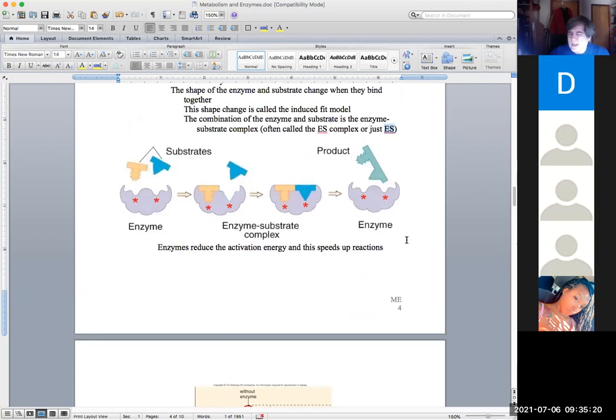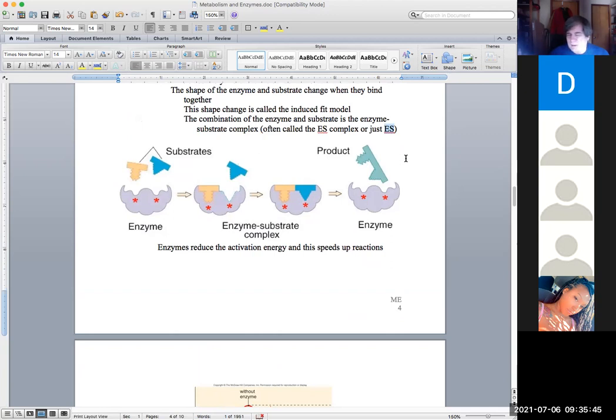When the enzyme gets them together, the enzyme kind of stresses the old bonds that are going to get broken so that it's easier. It doesn't take as much activation energy for these two to react. And then once the product is created, in this case, we're joining these two together, once the product is created, it's released.